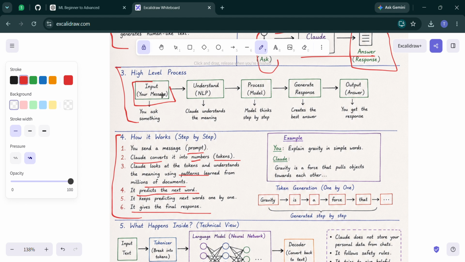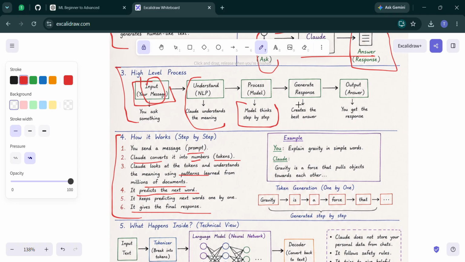The input message is where the user asks something, which is a prompt. The understanding part is NLP, called natural language processing, which understands the meaning of what the user typed. After that the model processes the question, or what we call tokens, thinks, and predicts the next response.